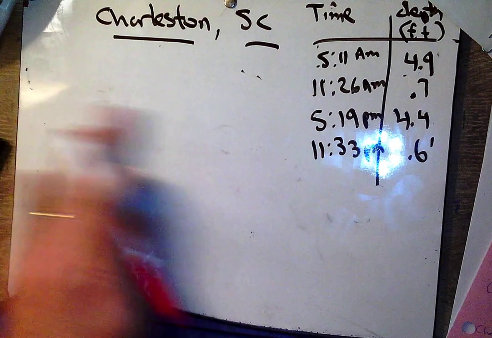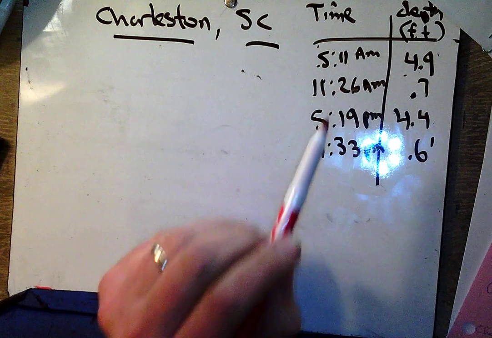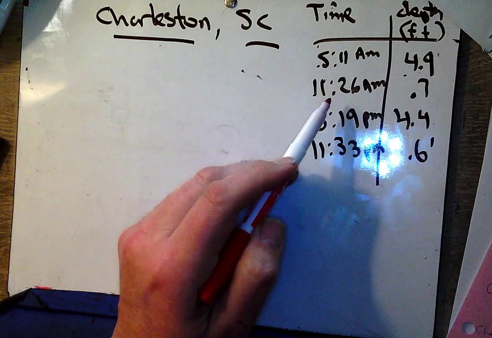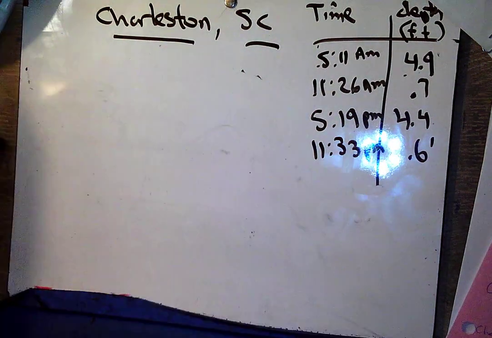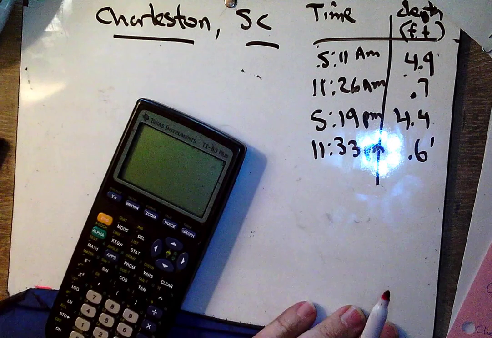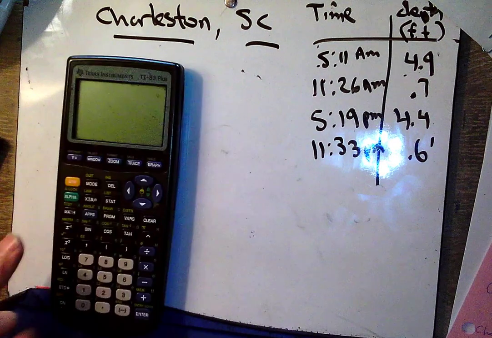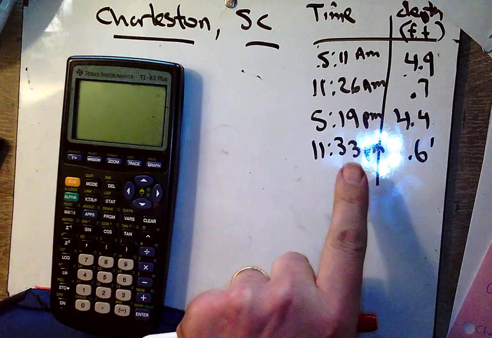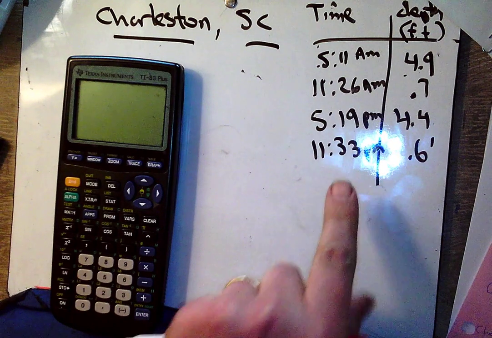So first, I can't type these in my calculator, and because I can't, I can't ask my calculator to make a scatter plot for me. So the first thing I want to do is convert these hours and minutes to a decimal number of hours.